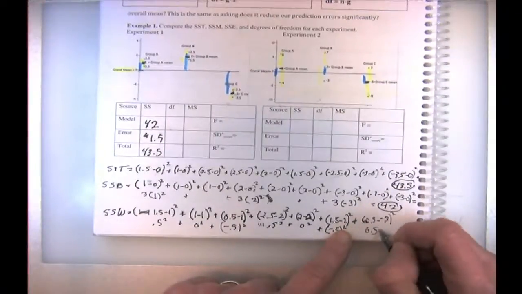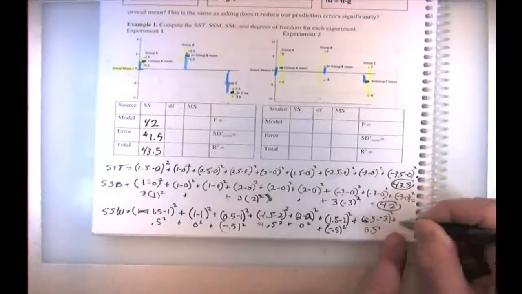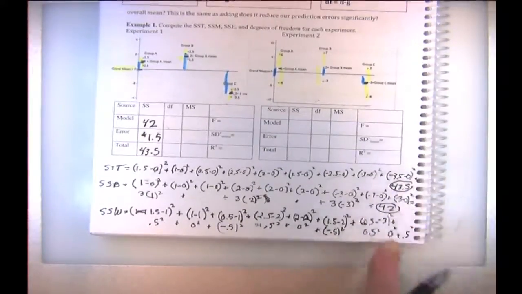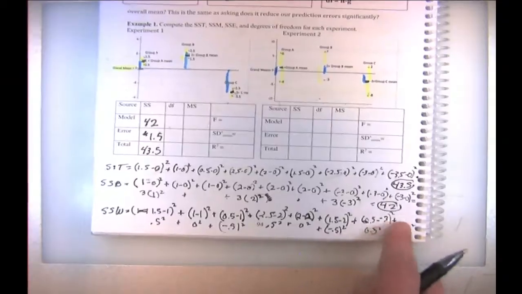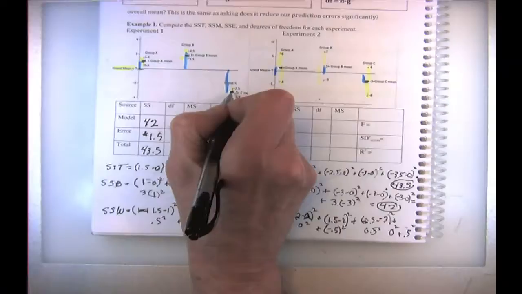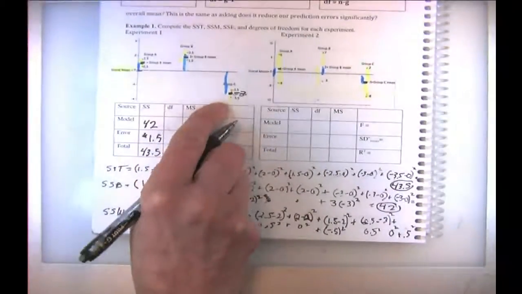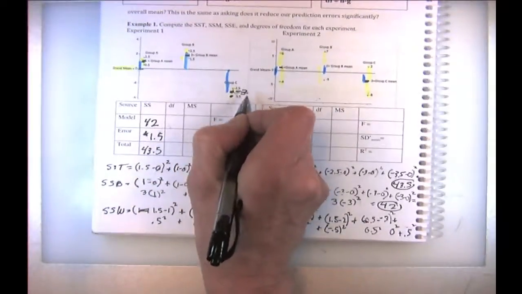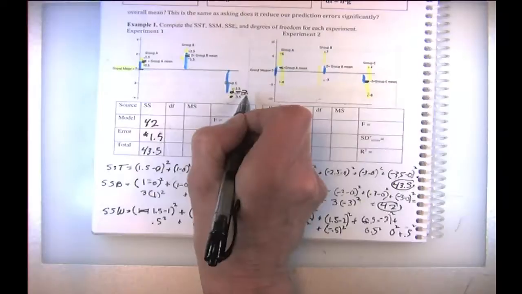The next one's just right at there. Can I just say 0 squared plus 0.5 squared because I'm running out of room? Does everybody understand this is just going to be negative 3 minus negative 3? Right here, this is negative 3, and so there's no error. And the last one's going to be negative 3.5 minus negative 3, which is just negative 0.5, and you're going to square it. It's exactly the same thing.